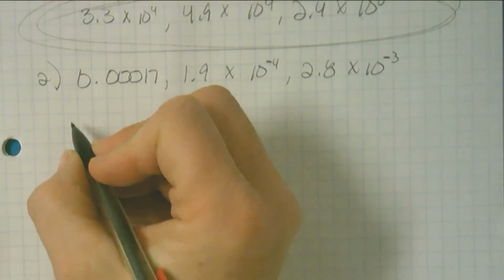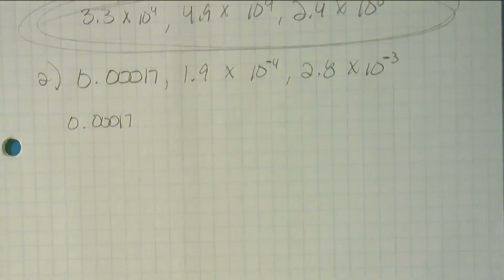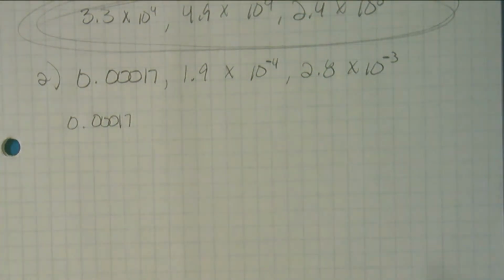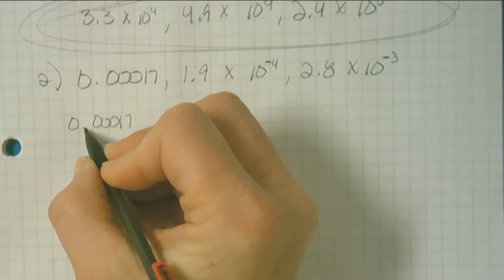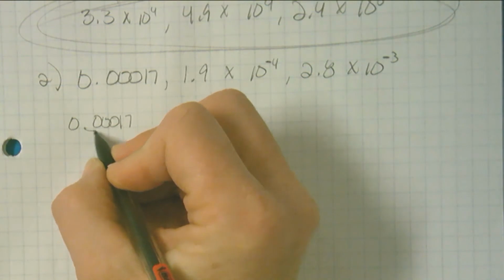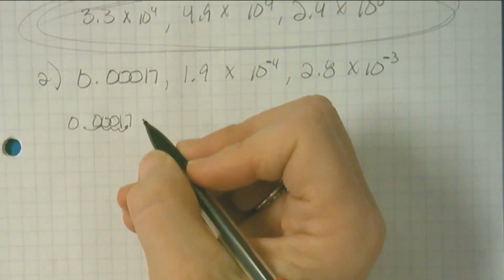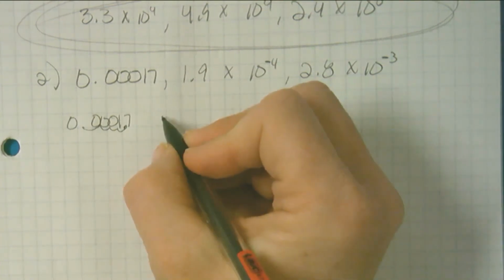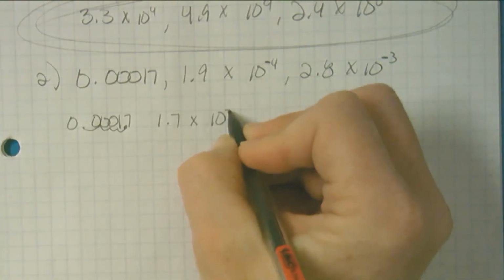First, I went 4 places. Did you get 4? Awesome. Go ahead. So it would be 1.7 times 10 to the negative fourth.